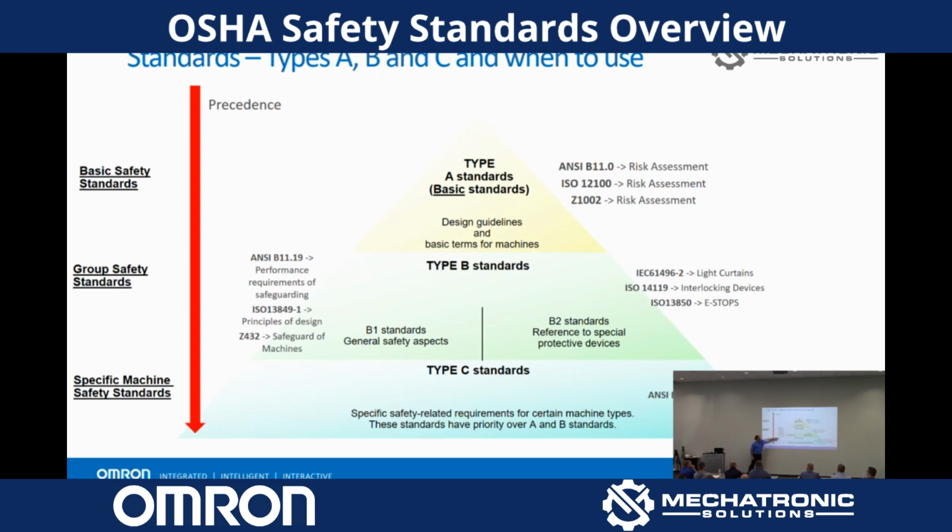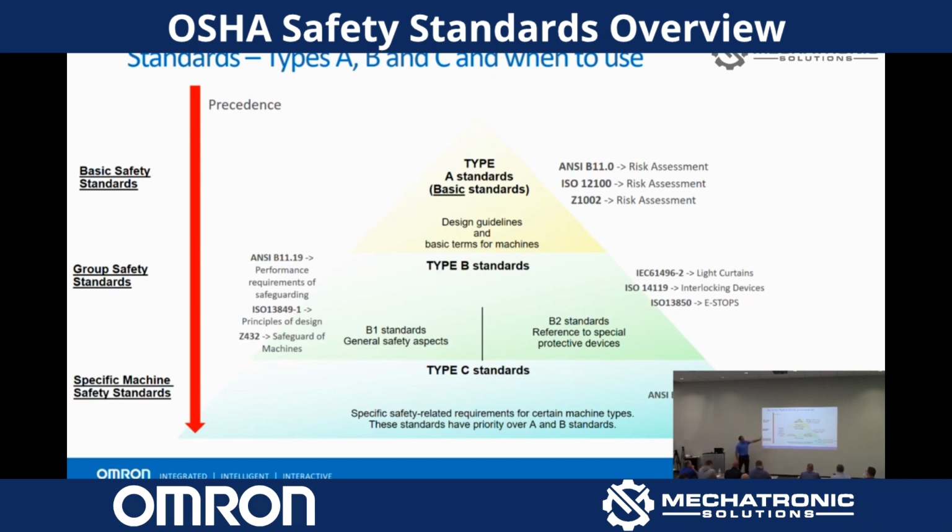B11.19 is a B1 standard I would write down, and ISO 13849-1 is another one. That is principles of design. Same here, it's the US version of the principles of design and application. And then Z432. Those are all B1 standards.